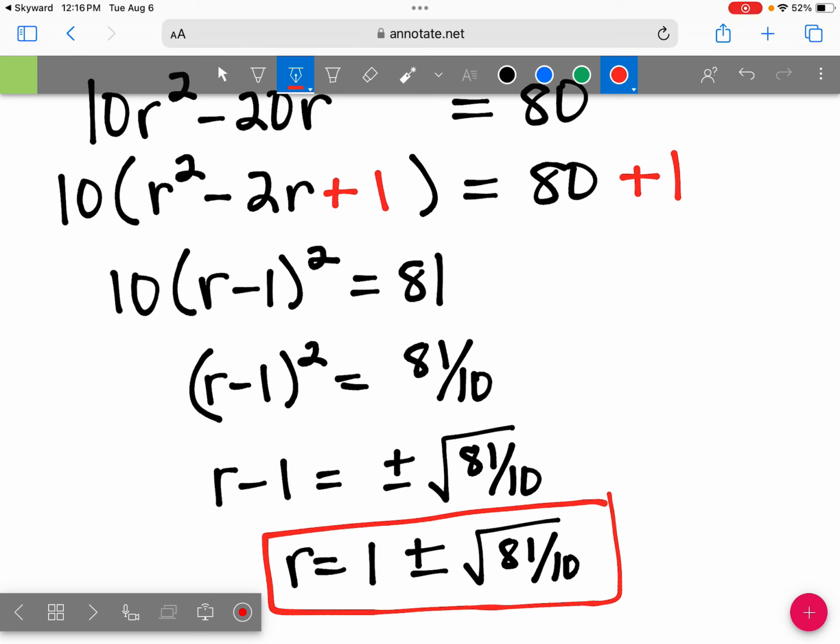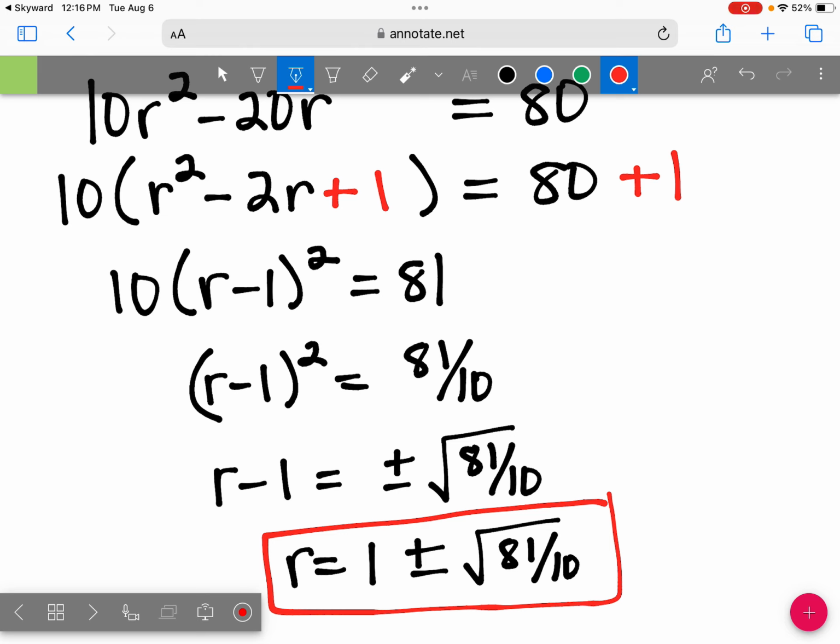So, I'm with you, kinda, but this should be under a square root. Yeah. Square root of 81, which is 9. Right. And then divided by 10.